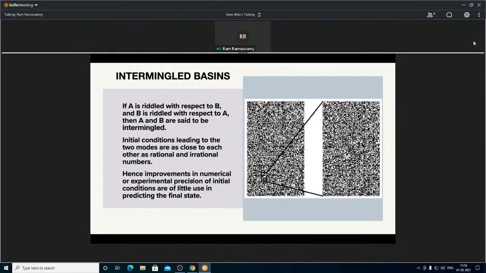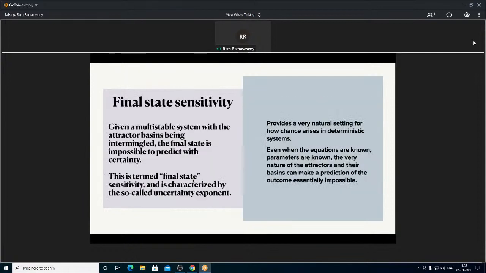If they are in a complicated way, you cannot predict where you're going to end up. Now, this provides for us a very natural way in which chance or acts of chance arise, even though the system may have very nice, smooth, deterministic, simple equations that are describing it.